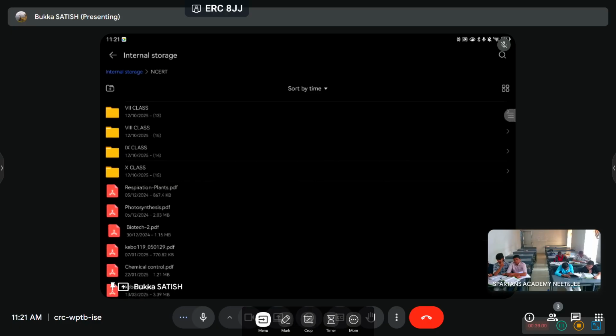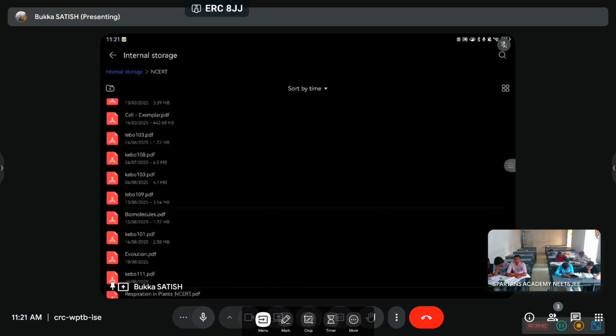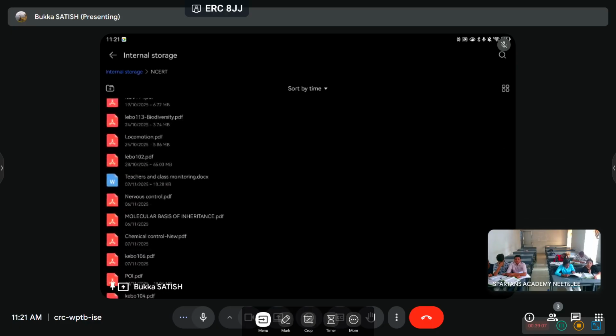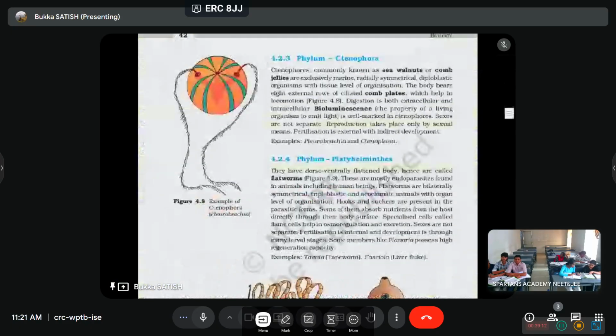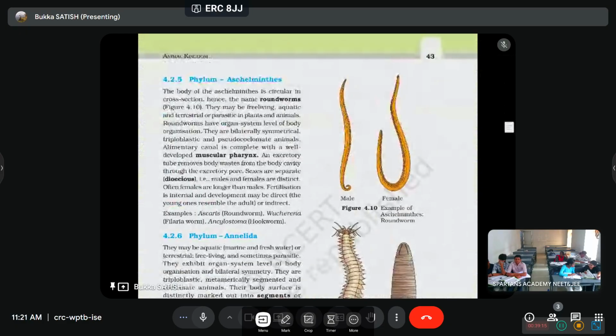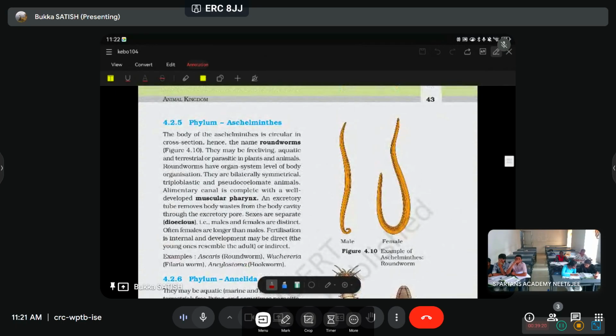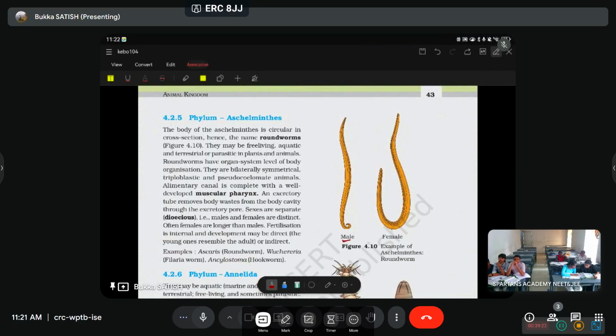Just open NCERT once, page 104. You can clearly see that male and female can be distinguished morphologically, where the male is smaller, whereas the female is larger. So size of male and female are different.